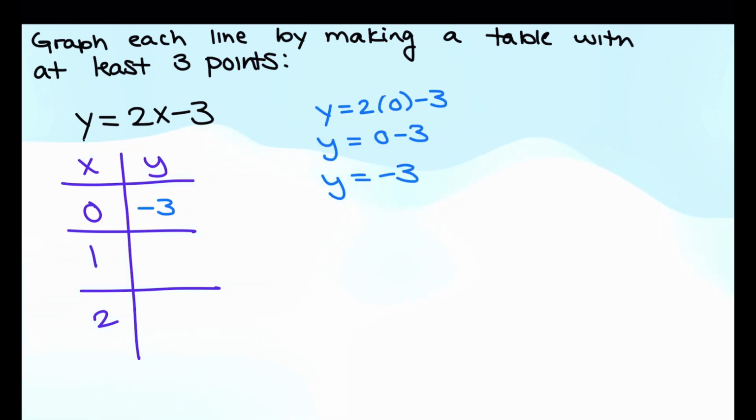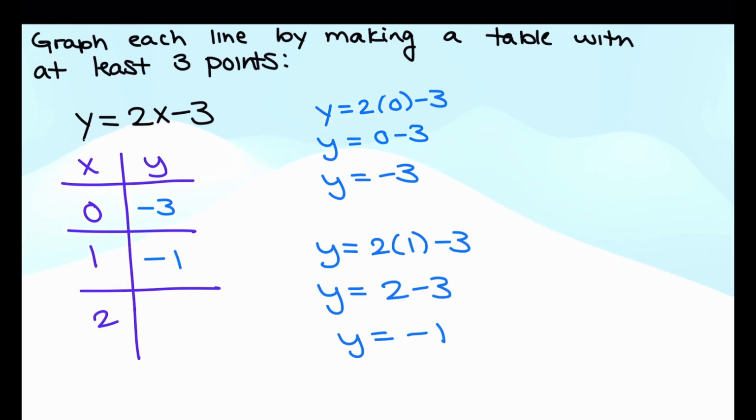When x is 0, I put that in for x. I get y equals 2 times 0 minus 3. So that's 0 minus 3, or minus 3. So 1 point on my line is (0, -3). I can do the same thing for x equals 1.